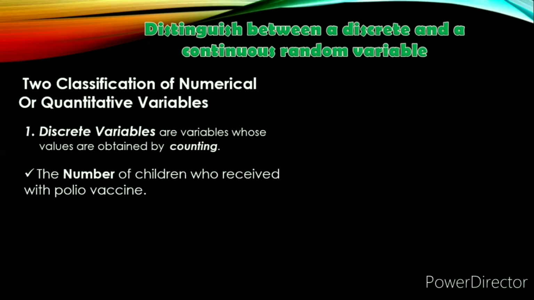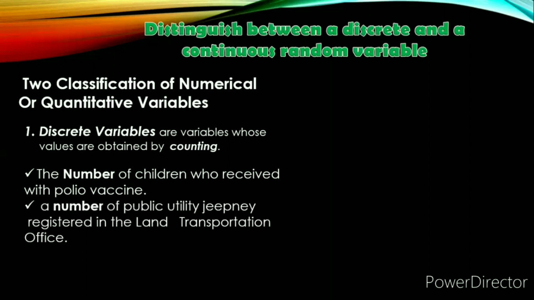The clue here is the word number. Another is the number of public utility jeepneys registered in the Land Transportation Office. Another clue here is the number. So discrete variables are obtained by counting.